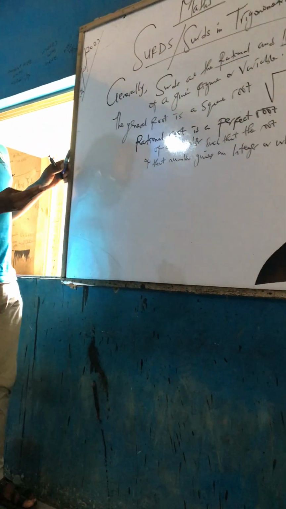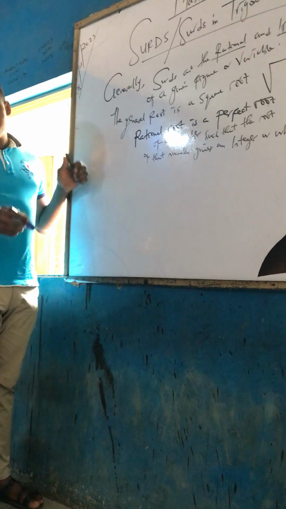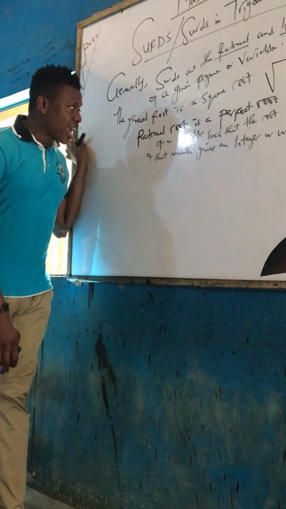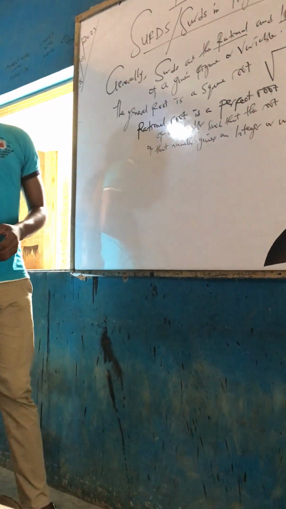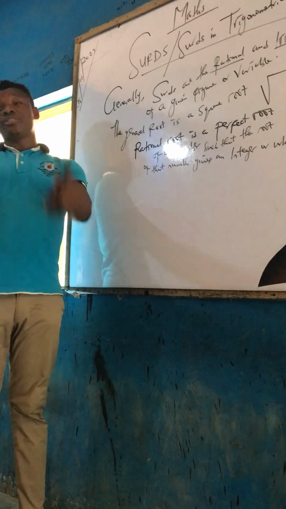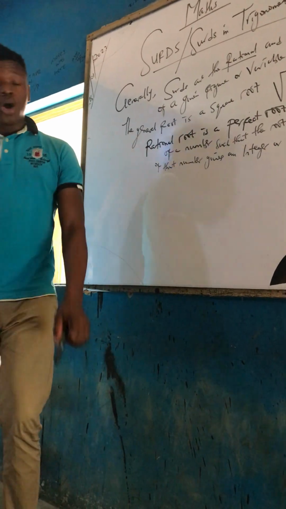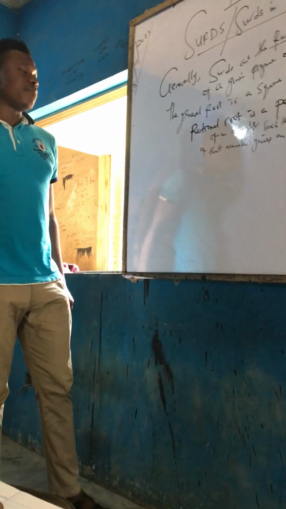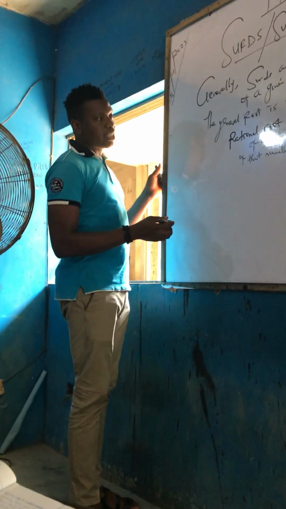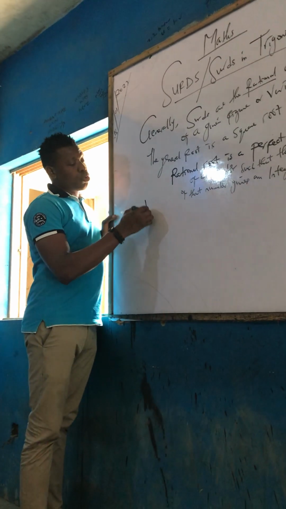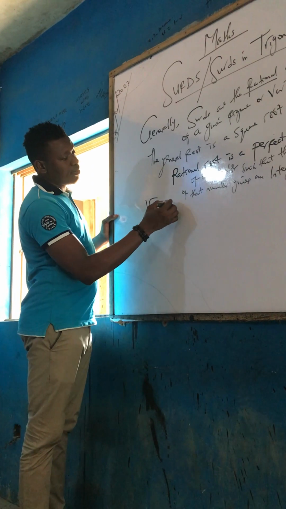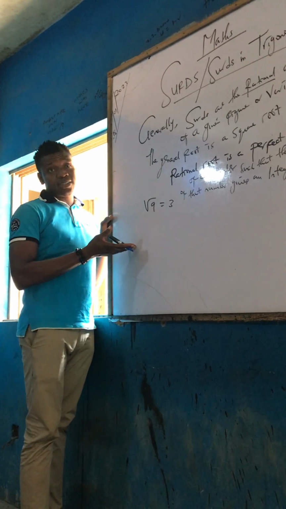All right, let me ask for your response here now to give me some examples of the root of a number that must produce a whole number as the value. Anybody? I'm waiting. Root 9 will give us 3. So it's perfect.